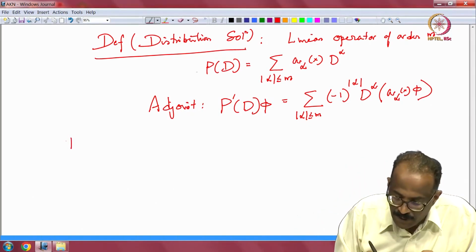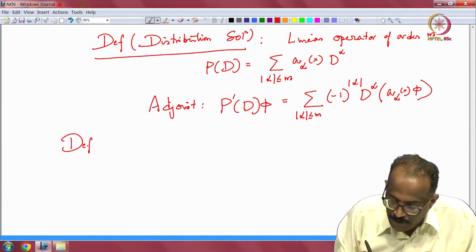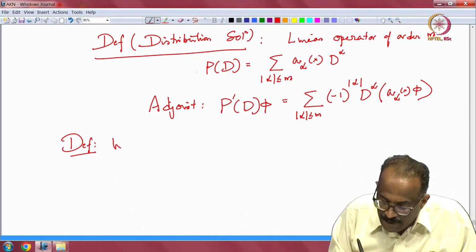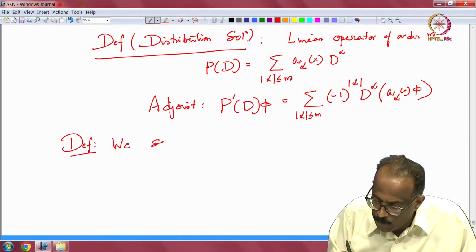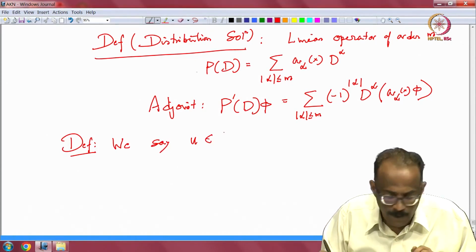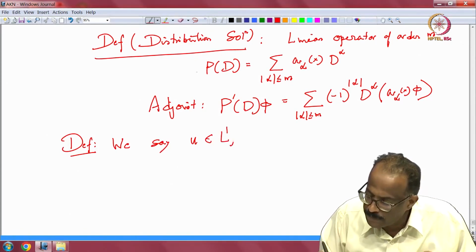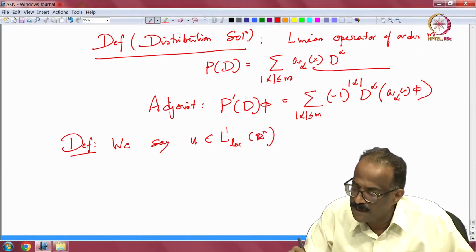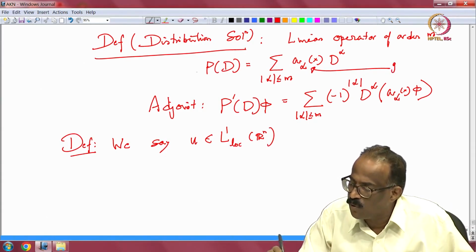With this I will give the definition. We say u belongs to L1 loc of Rn. The A alphas are given coefficients. These you know already, so I do not have to explain.